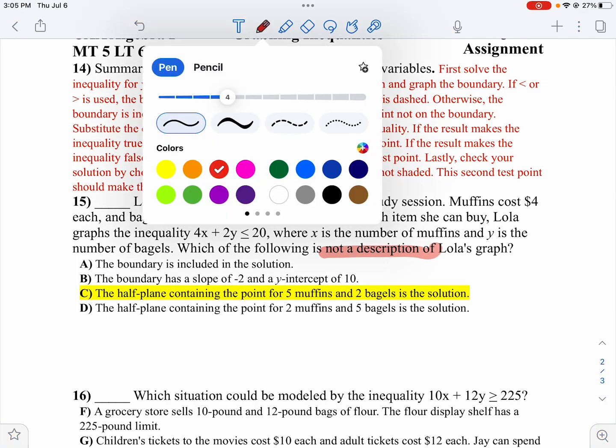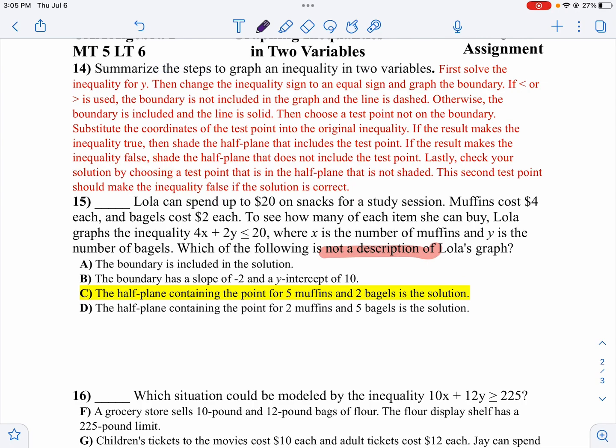So then we'll say 2y is less than or equal to -4x plus 20. Let's divide by 2. So y is less than or equal to -2x plus 10. And notice that's true, because you have a slope of -2, and my y-intercept is 10.